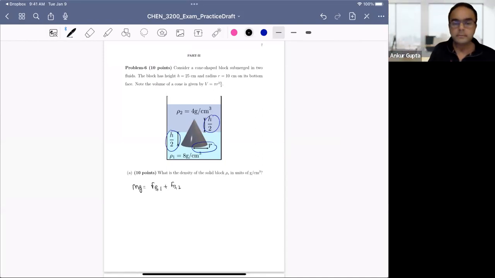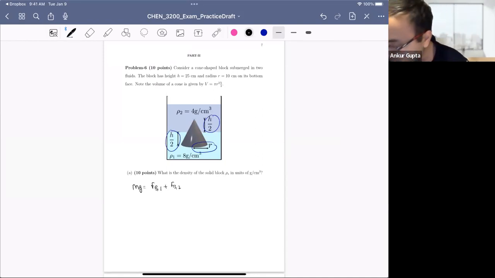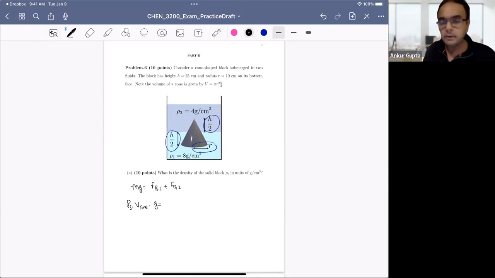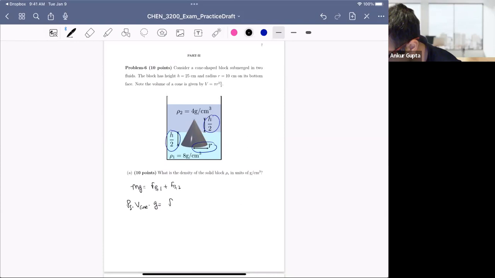And then what is the mass? Mass is rho of solid times volume of the cone times gravity. Then we'll have the first part, which is rho 1 V1 g, which is the weight of the fluid displaced.